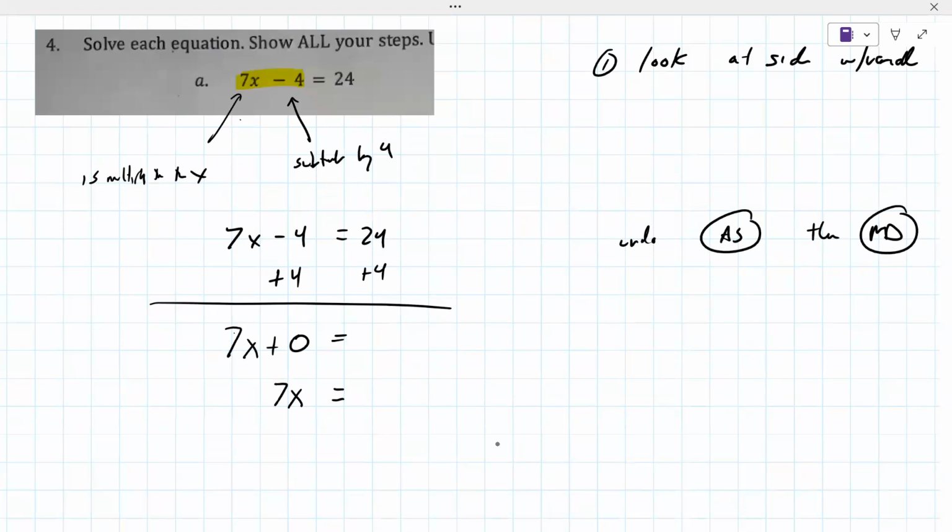Okay. How about on the right side? 24 plus 4. What does that become? 28. Okay. Now, what is the 7? What is the math operation between the 7 and the x? You just divide. Well, you undo it with division, but what is the math operation between them?